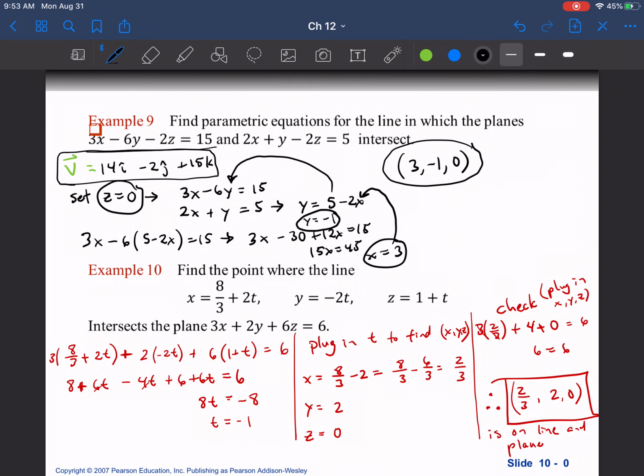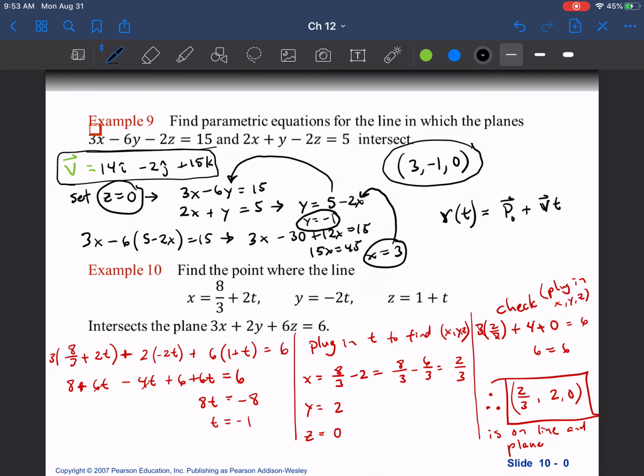What did we do? r of t, remember, was some point p plus v vector t, right? Like that. And so this is what we did in the first half of this section. And so you should be able to go through and finish that off now, having that point and a velocity vector that's parallel to the line.